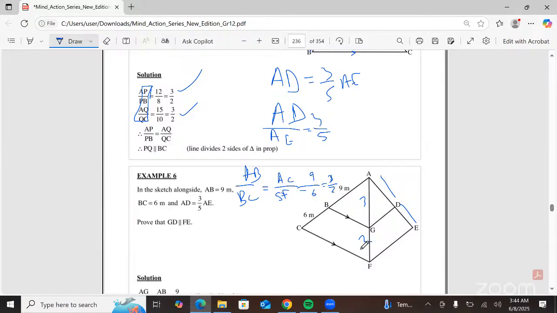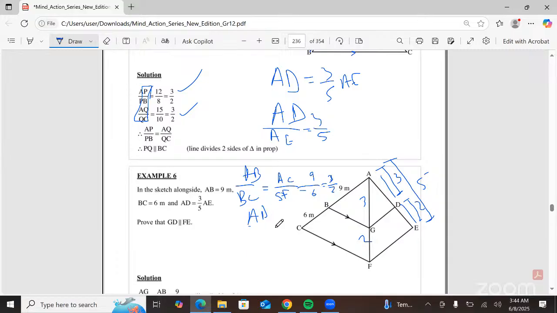And then what else? AD here, we are given that AD is 3. And AE as the whole, we are given that AE is 5, meaning we can find that DE is 5 minus 3, which is 2. Now let's try to find AD over DE.